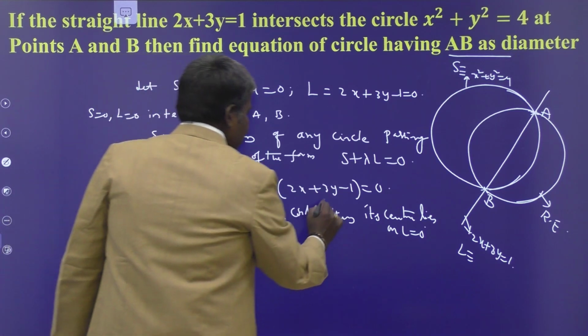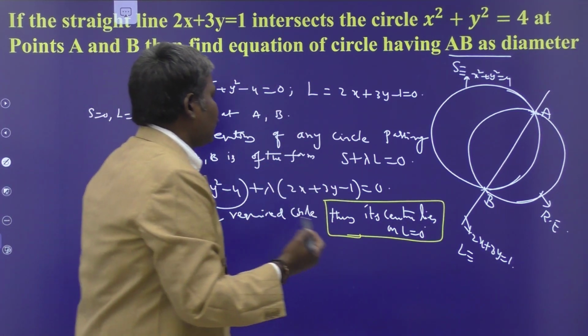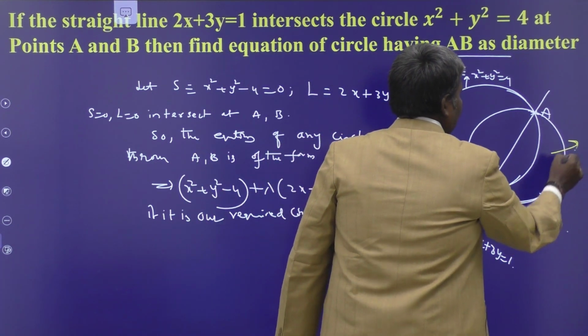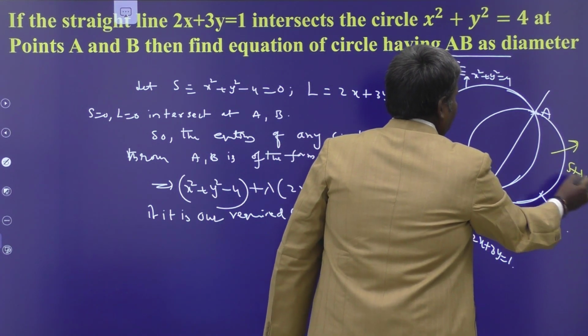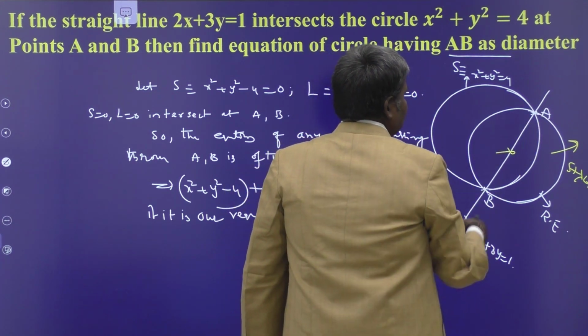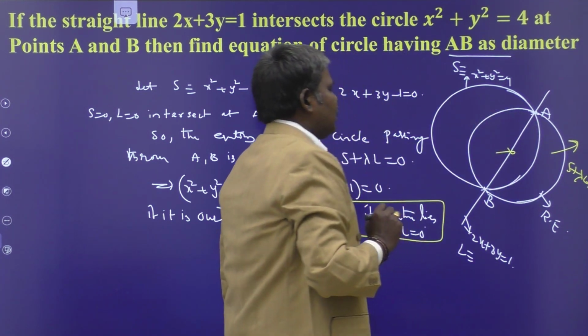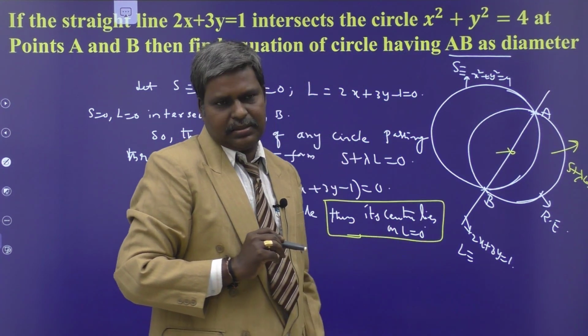This is the important step here. Very, very important. The idea of the problem is this is S plus lambda L equal to 0. If it is your required circle, this is the center of the circle, it always lies on AB, because AB is diameter of S plus lambda L equal to 0 if it is your required circle.